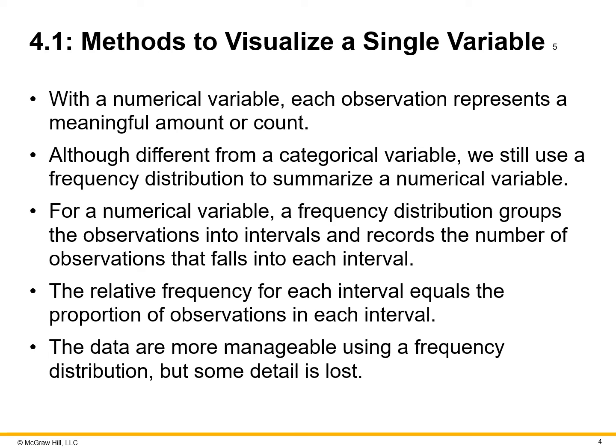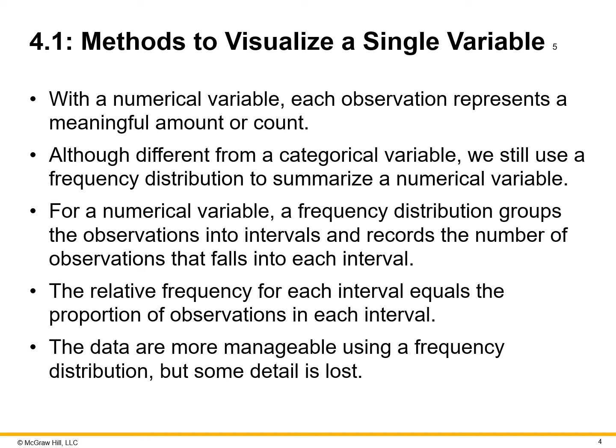Now, taking it a step further on how to assess a single variable in data visualization. With a numerical value, each observation represents a meaningful amount or count. Although different from a categorical variable, which you remember from earlier chapters, we still use a frequency distribution to summarize a numerical variable.